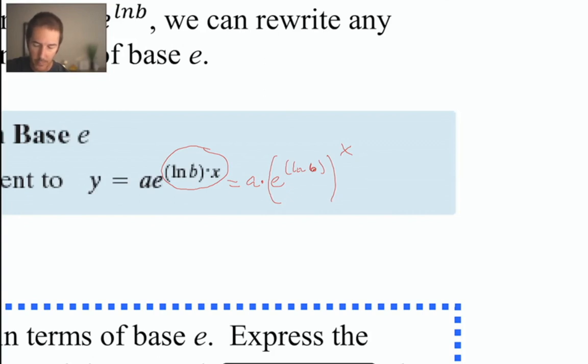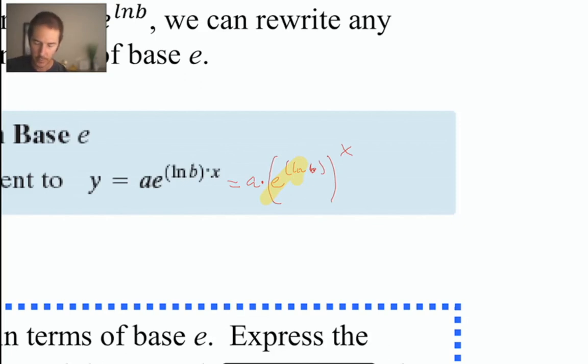And so the way that I've written it in red here, if we did allow the e and the natural log to cancel each other out, the b would fall down onto the ground, the x would come down with it as an exponent, and you would have b to the x.